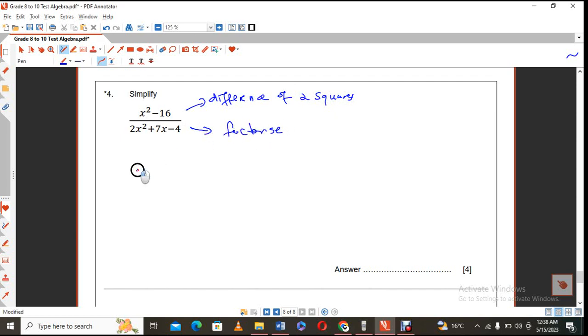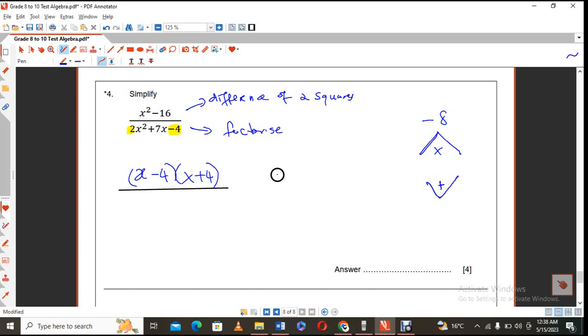So on top you'll have x minus 4 and x plus 4. That's our numerator. Our denominator, well, I'll do some side work. I'm going to multiply 2 times negative 4. That gives me negative 8.